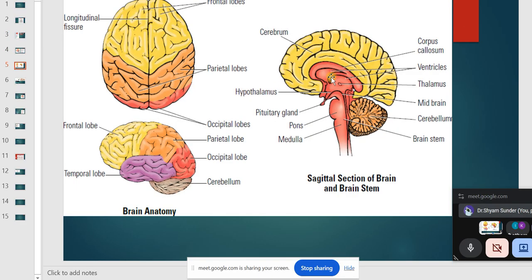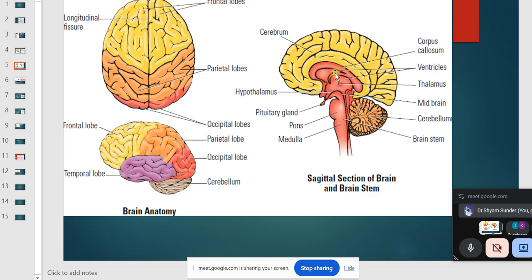Now inside there are the ventricles, which secrete cerebrospinal fluid (CSF). It's a continuous cycle: the CSF is secreted and absorbed. That's how the normal quantity of cerebrospinal fluid is maintained. Imagine there is no absorption at all. Secretion is there, but there is no absorption. What happens?